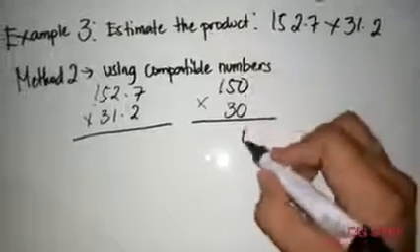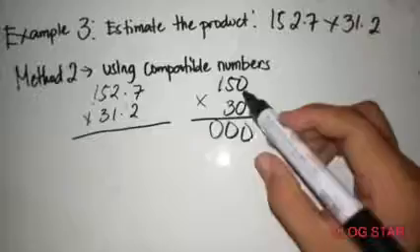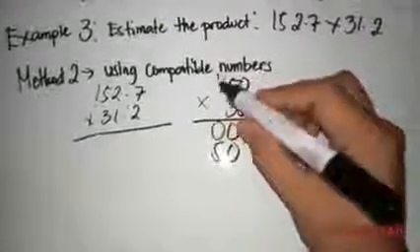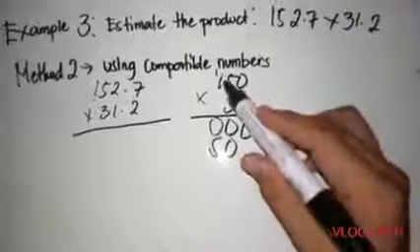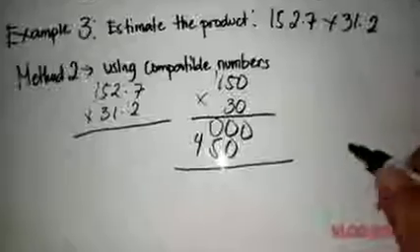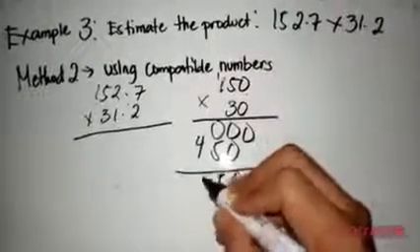0 times 0 is 0, 0 times 5, 0, 0 times 1 is 0, 3 times 0, 0, 3 times 5 is 15, carry 1, 3 times 1 is 3 plus 1, 4. So if we add, 0, 0, 5, 4.